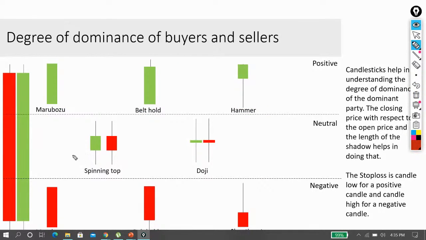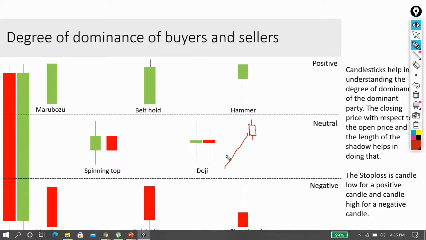Okay. What to do in a spinning top and doji? Well, it depends on where it is formed. Let's say there was an up move, then a spinning top forms like this. What does this tell us?